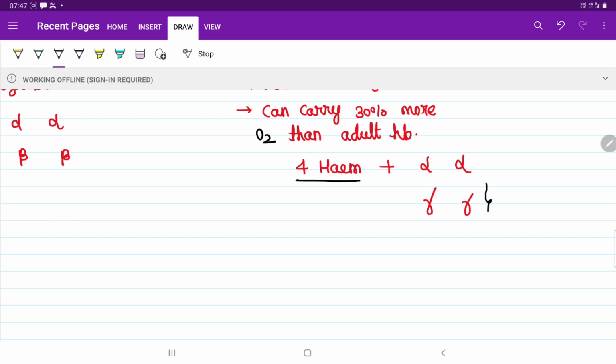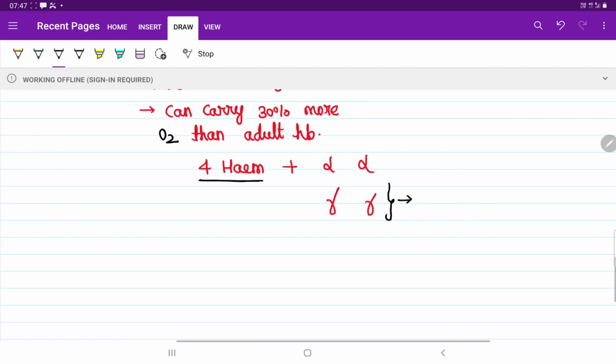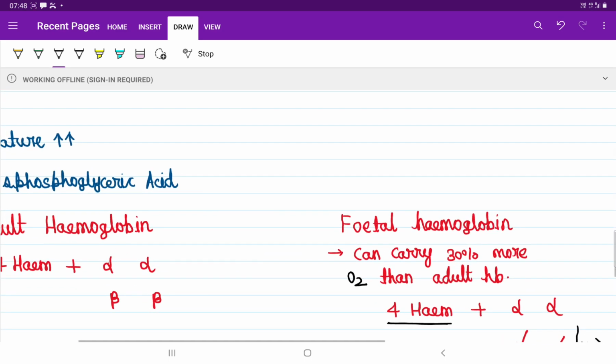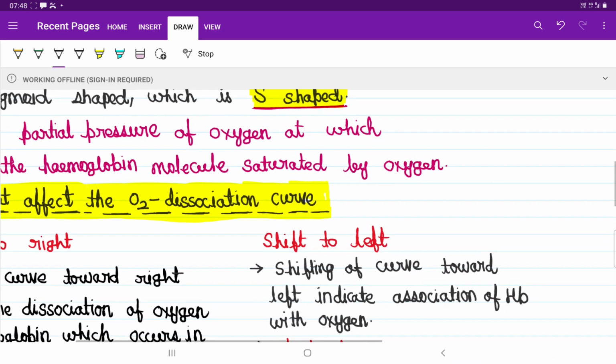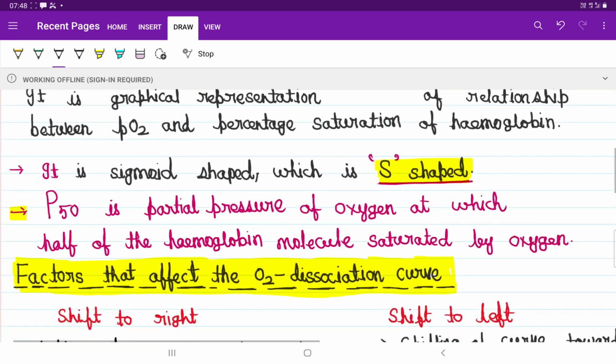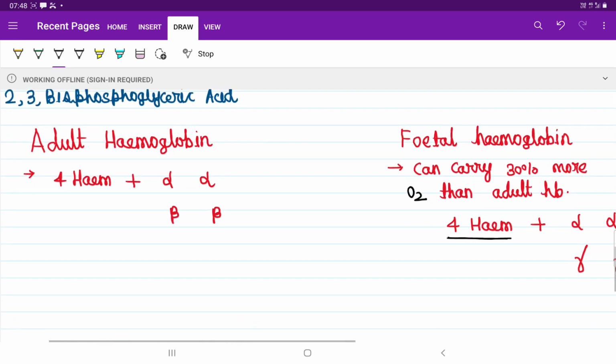Because of this gamma polypeptide chain, they have less affinity to 2,3 bisphosphoglyceric acid. And because of less affinity to bisphosphoglyceric acid, it is unable to create any kind of disturbance in the binding of hemoglobin with oxygen, and that's why they have more affinity to oxygen.